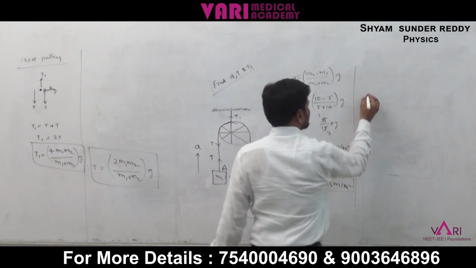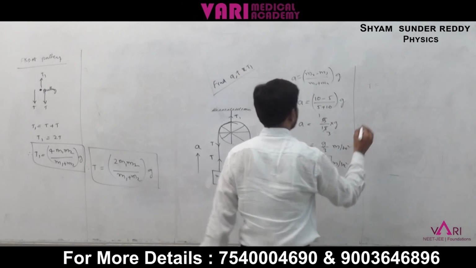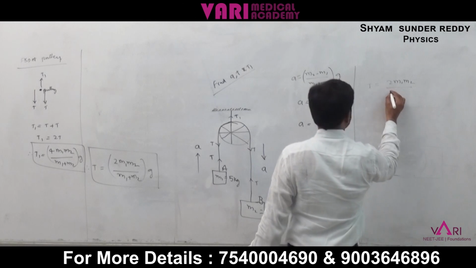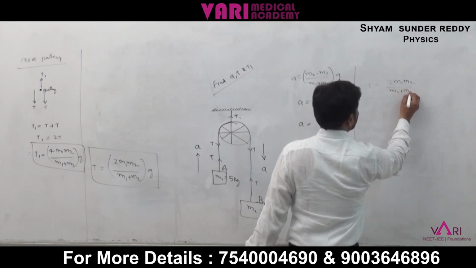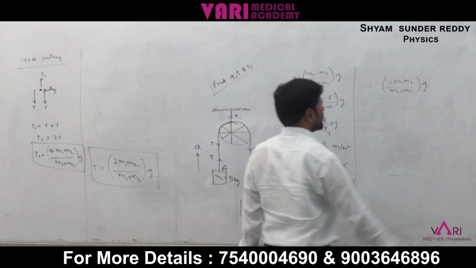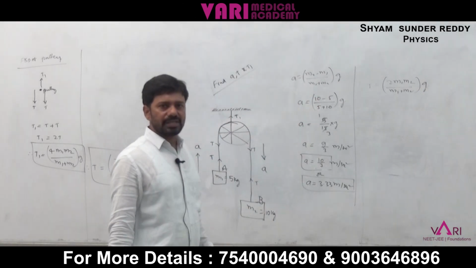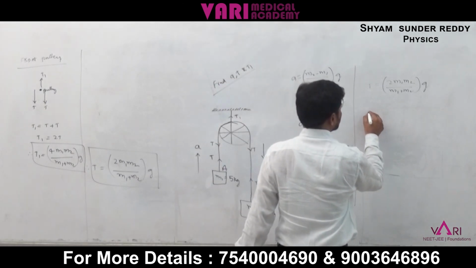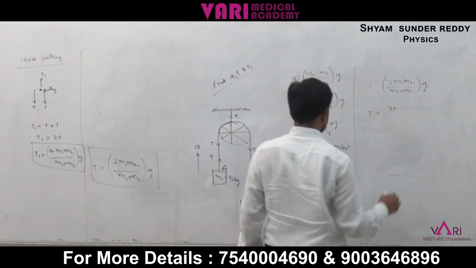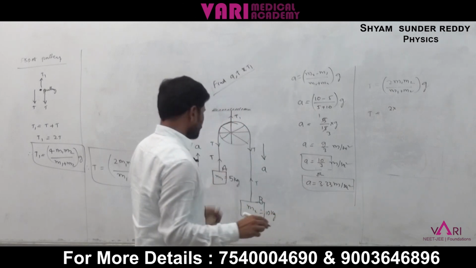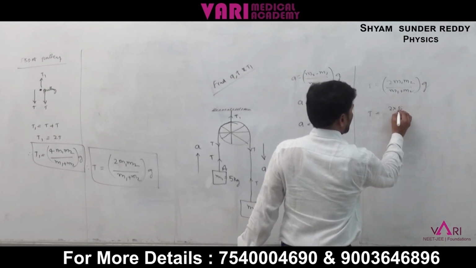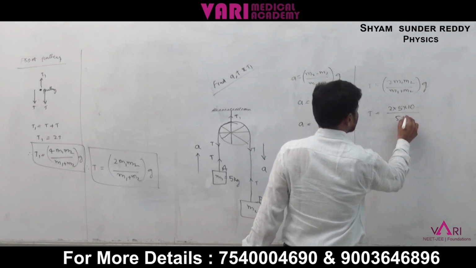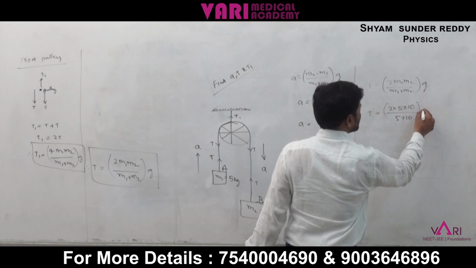Tension T. T is equal to what we have? 2m1m2 by m1 plus m2 into g. Just substitute the values: T is equal to 2 into, what is m1? 5, and m2 is 10, by 5 plus 10 into g.